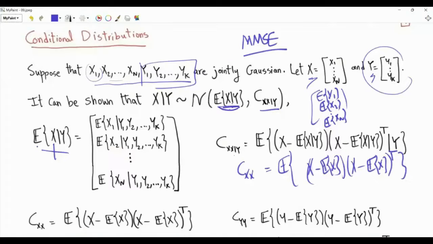Now, for the conditional covariance matrix, you subtract the conditional expectation, which requires knowing the conditional distribution of vector x given vector y. So we subtract this, and then we take the vector times its transpose, and when we compute the expectation, we do it given y, conditioned on y1, y2 to yk.